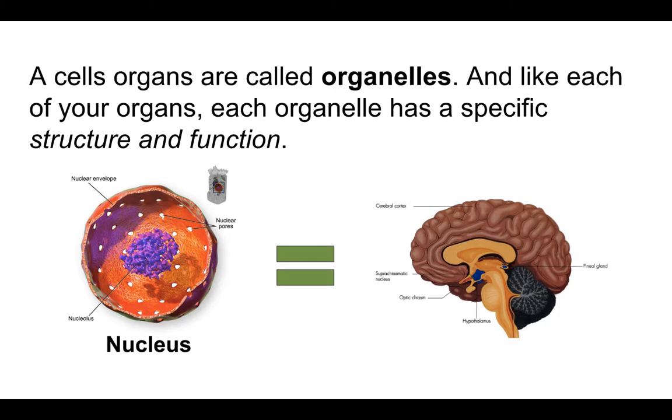The nucleus, being like the brain of the cell, has an enclosed membrane in order to protect the DNA within, just like our brain has an enclosed membrane of our skull. So much like our organs, our organelles inside of each one of our cells have a specific structure and function.